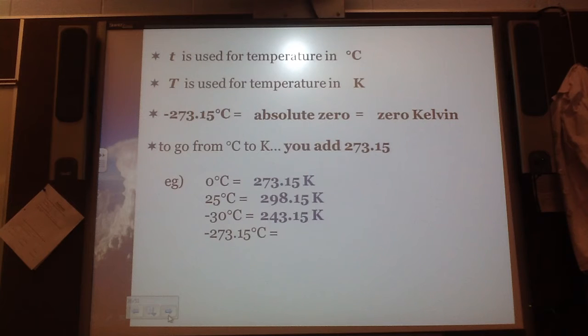There you go. And negative 273.15 degrees Celsius would be 0 Kelvin. Okay, so my biggest caution with this is be very careful about your units, because you don't want to use the wrong unit in your equation.